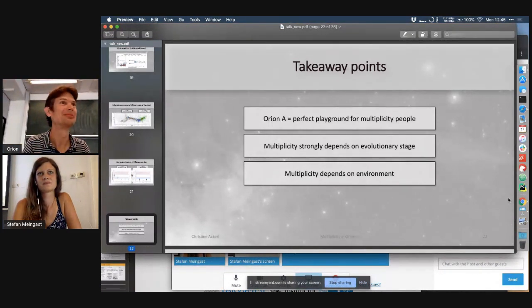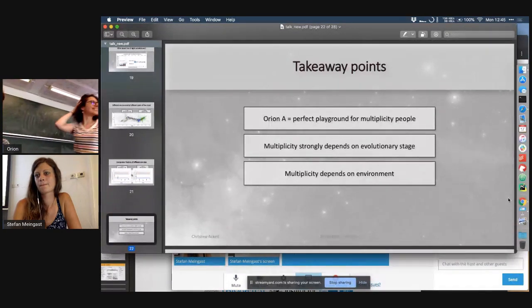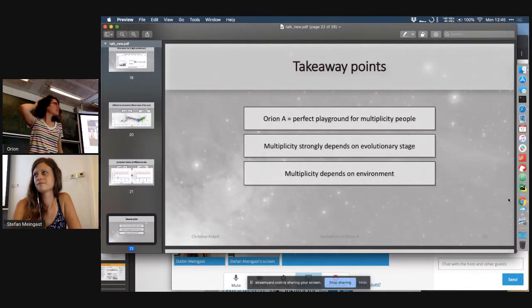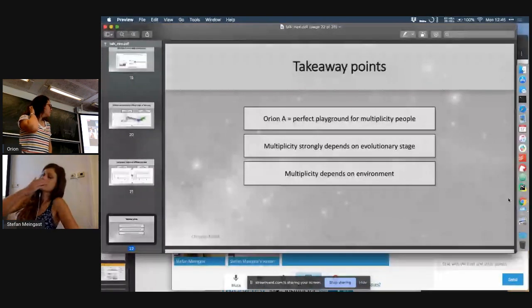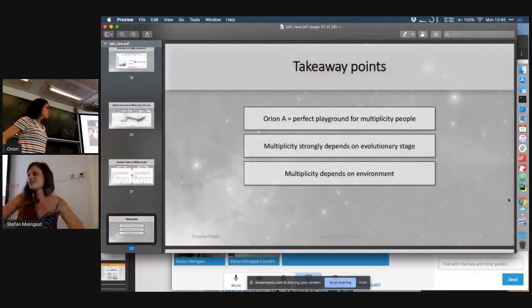All right. We have another question locally. So I'm probably very ignorant about this, but why does multiplicity depend on age? Because the idea is that the binaries get disrupted after a certain amount of time, because we have interactions with other stars.